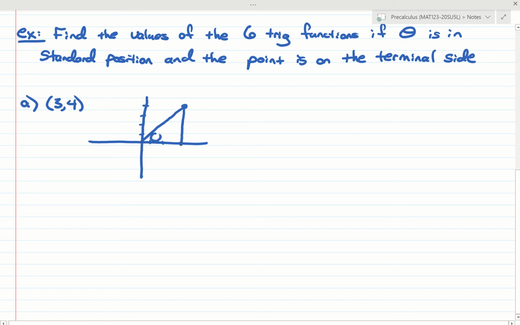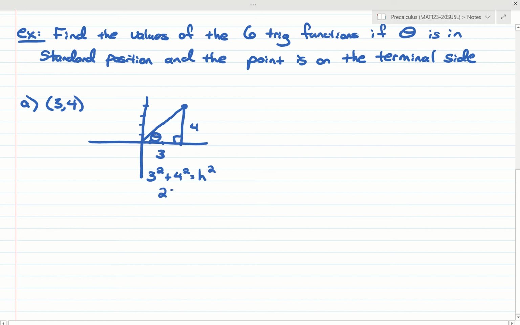The point that's sandwiched between the x-axis and the terminal side, that's where our angle is going to be. Always makes a right angle with the x-axis, and we should label the x value, the y value, and your hypotenuse. To find the hypotenuse, we do the Pythagorean theorem, with 3 squared plus 4 squared is equal to the hypotenuse squared.